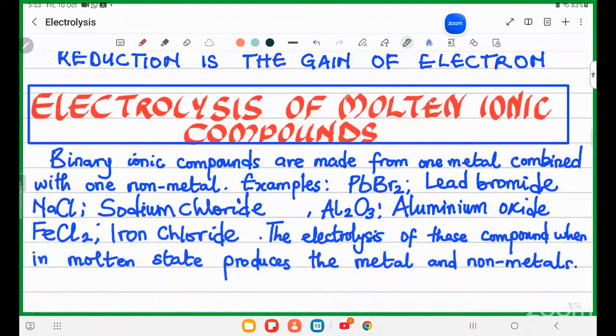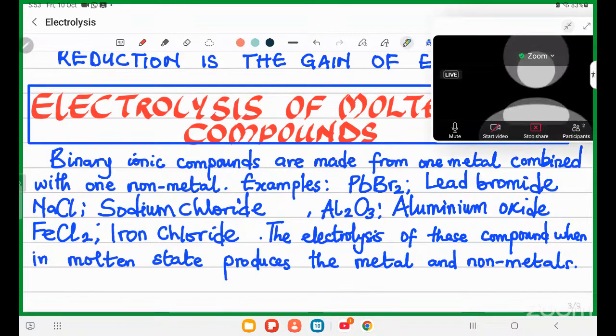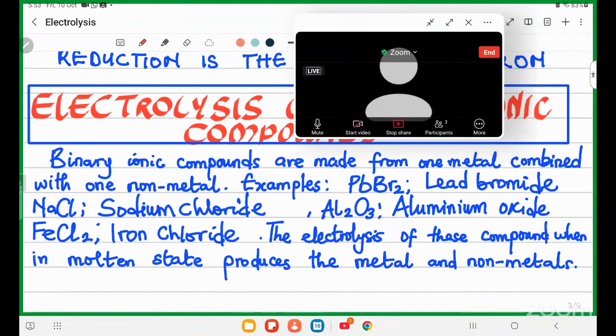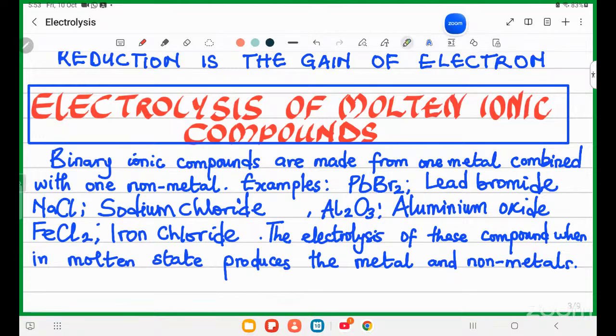Now, we want to learn the electrolysis of molten ionic compounds. We're also going to learn the electrolysis of aqueous ionic compounds, because these are what is required in your curriculum. But meanwhile, today I'm going to be a bit fast so that we can cover as many as possible today. Then we would answer questions based on what we've learned.